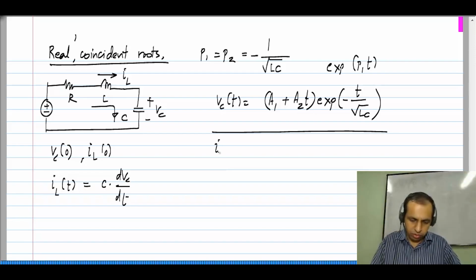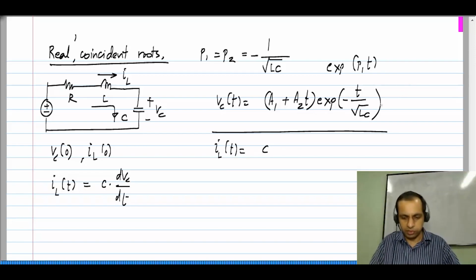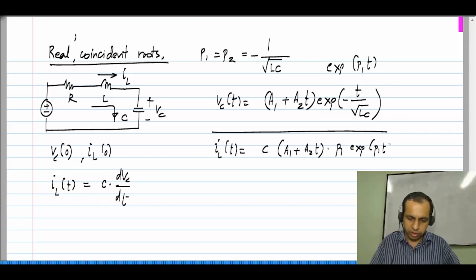So IL of t will be C times the time derivative of this, which is (A1 plus A2 t) times P1 exponential P1 t. This is just chain rule. First I am differentiating this part of it, plus A2 times exponential P1 t.